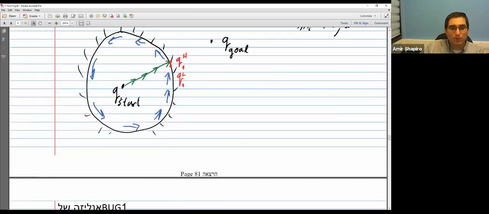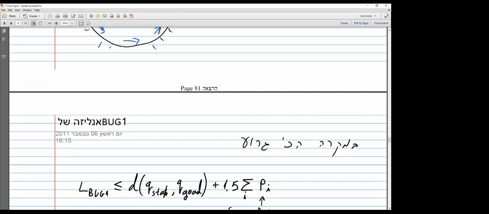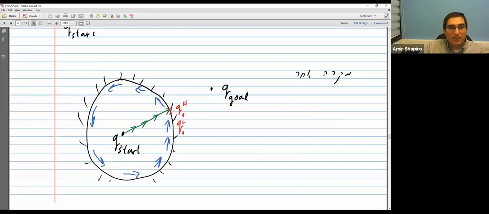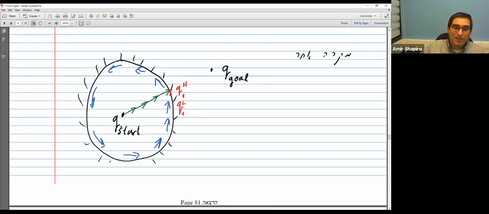How does it know if it can leave or not? It builds a line from this point, Q leave, to Q goal, and it tries to travel along this line. But it cannot travel along this line because it hits the wall. Therefore, it's stuck.